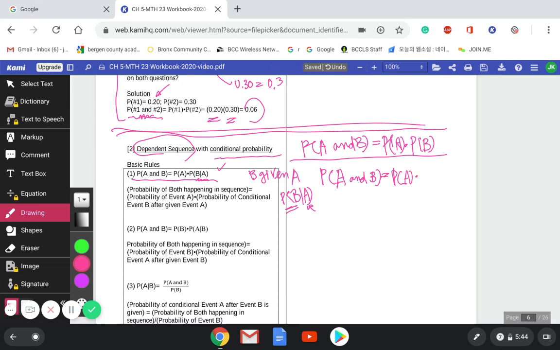The first one is the independent event. The second one is the dependent event.